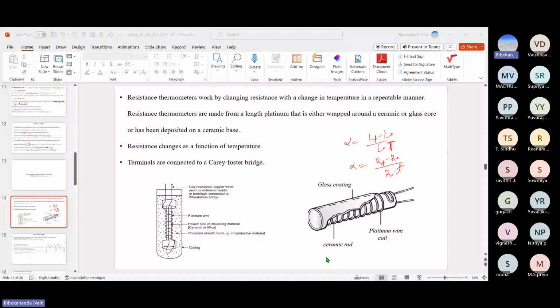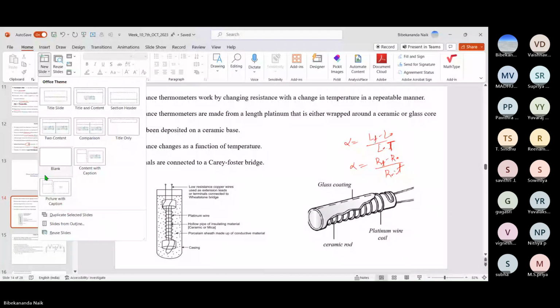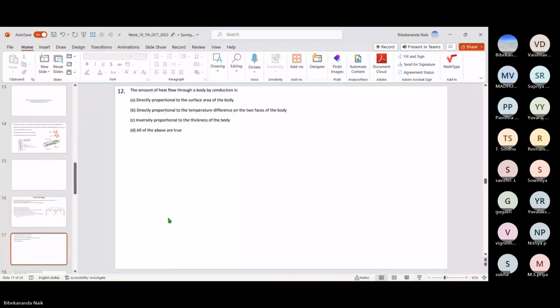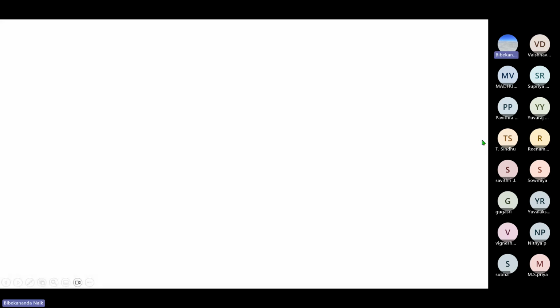So can anyone tell me what do we mean by resistance? Resistance is the obstruction of the flow of current.